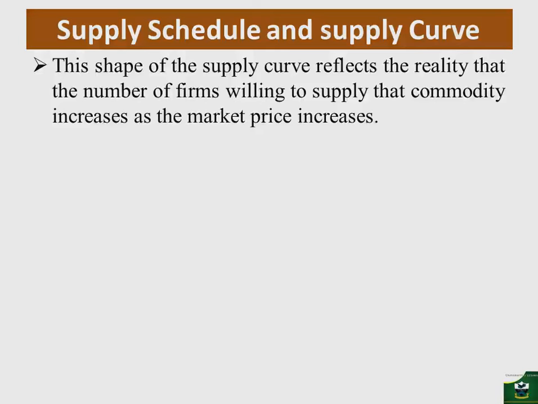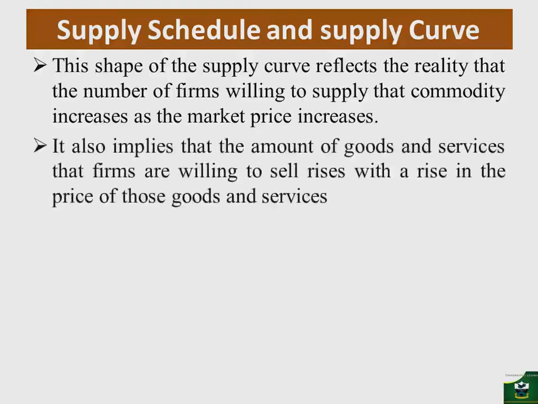So when price goes up, the number of firms will increase because their motive is to make profit, and a higher price is one indicator for them that they are likely to make profit if they sell more. It also implies that the amount of goods or services that firms are willing to sell will increase with a rise in the price of those goods and services.